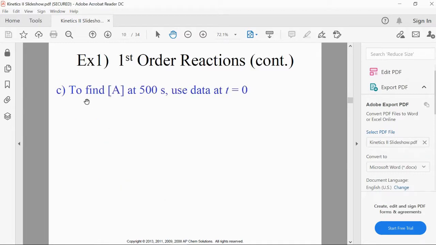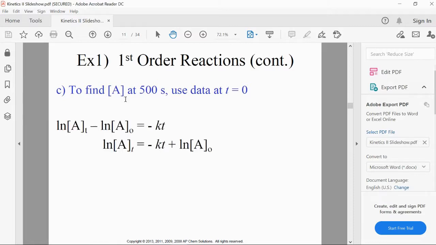And lastly, finding concentration of A at 500 seconds. We use the data at time equals 0 and then plug in 500 seconds, and we're going to solve for concentration of A at that particular time. So in this equation, the term we're solving for is what is the concentration of A after 500 seconds.